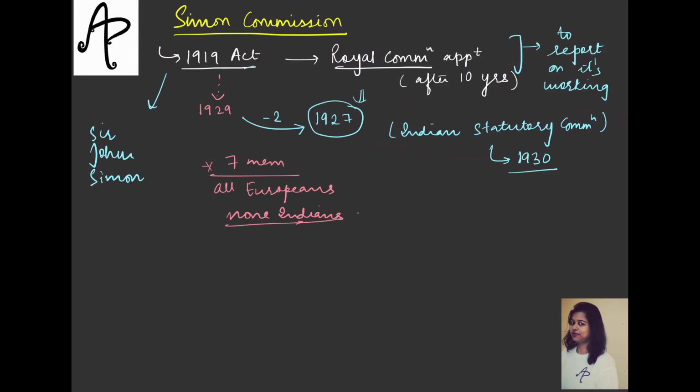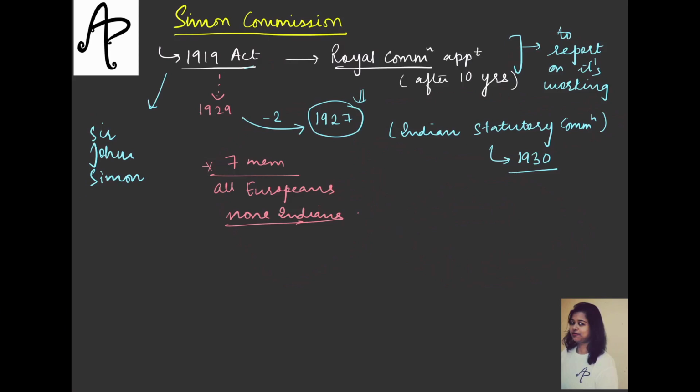When everything is surrounded around the people of India and you have not even a single Indian member in your commission, how does that make sense? So here the problem was that, and because of that this commission was boycotted also. ठीक है, आपने Go Simon, Go Back placards and all of those things photos में देखे होंगे, but we'll talk about it in the history portion. अभी हम यहाँ बात करते हैं.